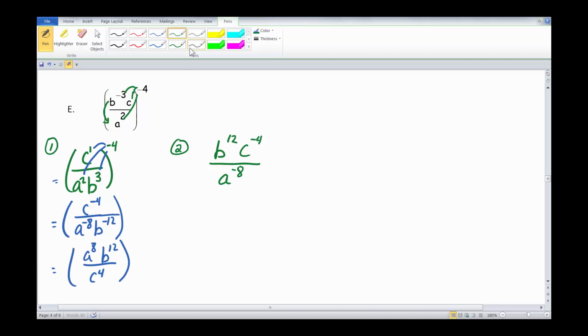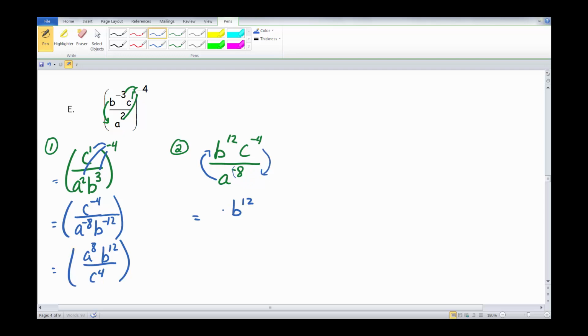After which, then we go ahead and place those appropriate variables where they belong. We end up then with b is still on top, because it still has that positive exponent. We're bringing a to the top because it does have that negative exponent. And we're bringing c down to the bottom because it has that negative exponent.